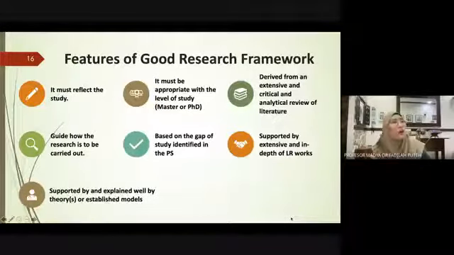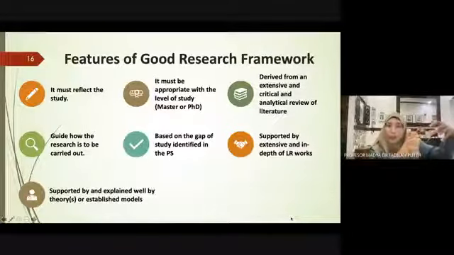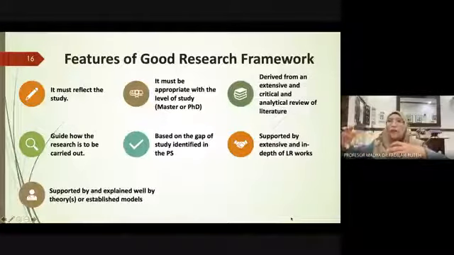In your problem statement, you have highlighted the problems in the area of study, and you take these problems into account and reflect them in your research framework. The problem statement has a strong connection with your research question and research objective, as well as your conceptual framework or research framework, whatever name you call it.